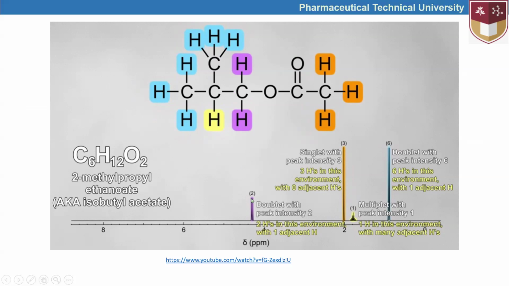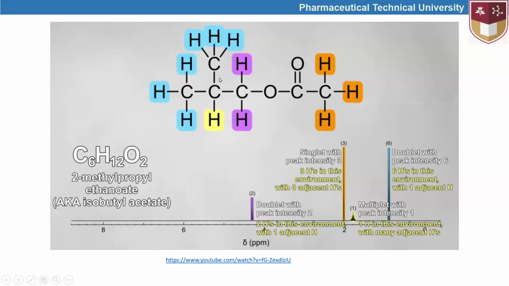Okay, this one hydrogen is the reason why these two hydrogens are giving doublet signal. Okay, and what about these methyl groups? How many hydrogens are there here? 6 hydrogens. And are they singlet? They are not singlet. They are doublet, right?